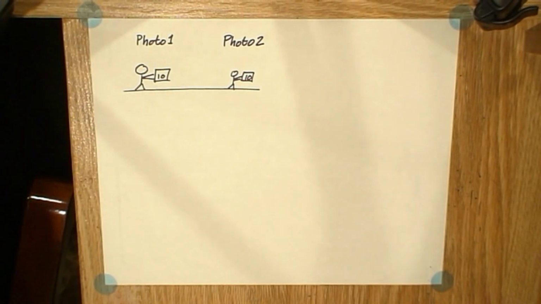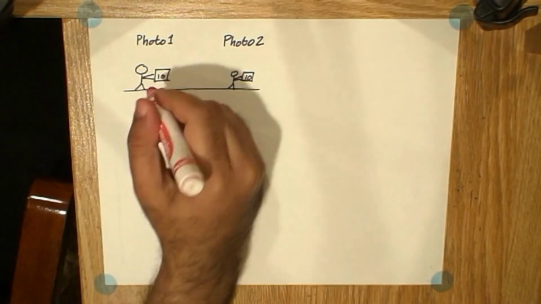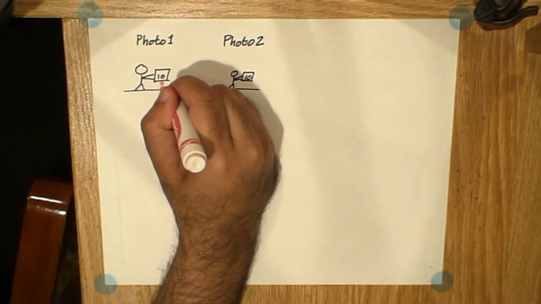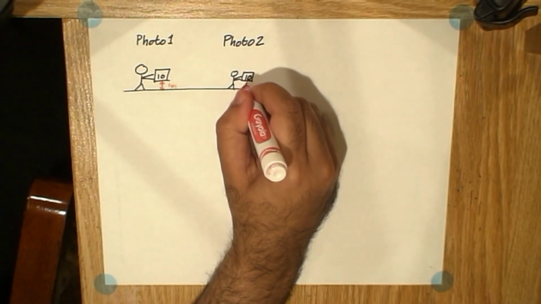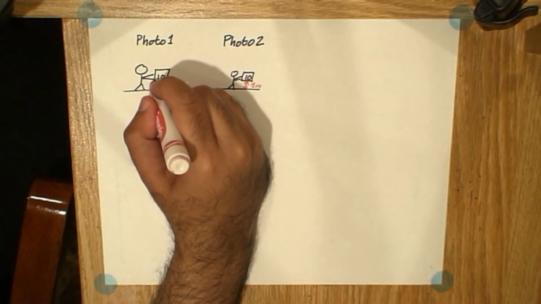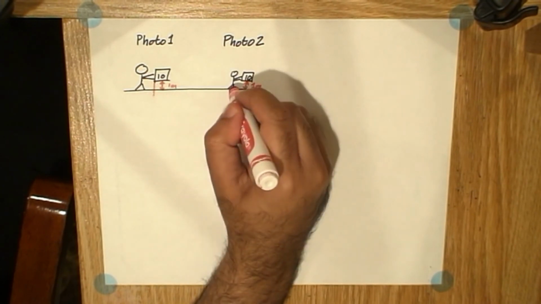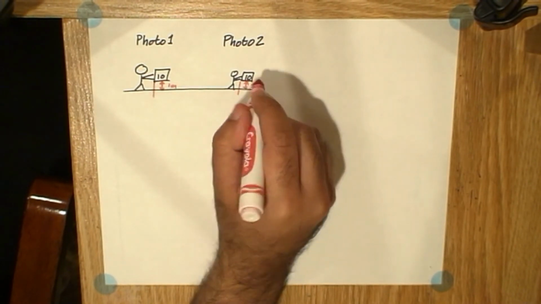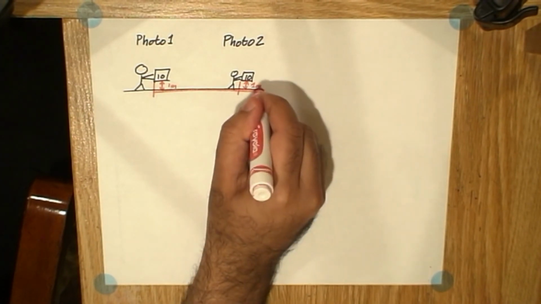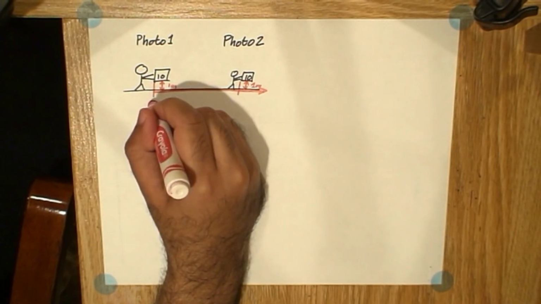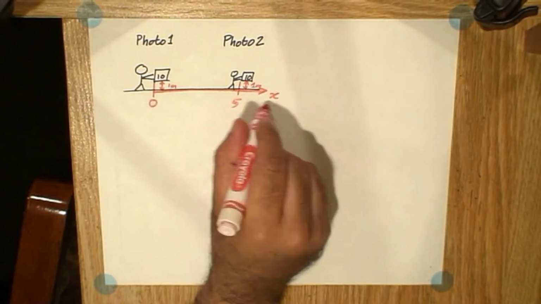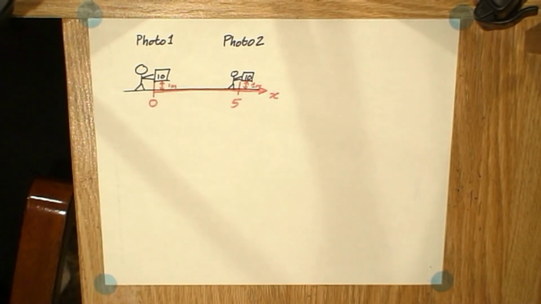So, in both of these cases, the distance from this object to the ground is 1 meter, but the object itself has horizontally moved by a distance of 5 meters in the positive x direction.